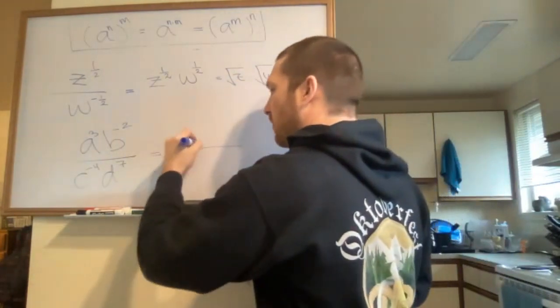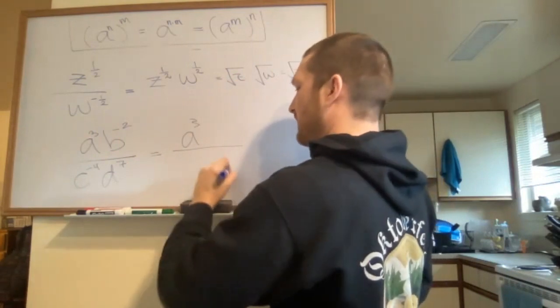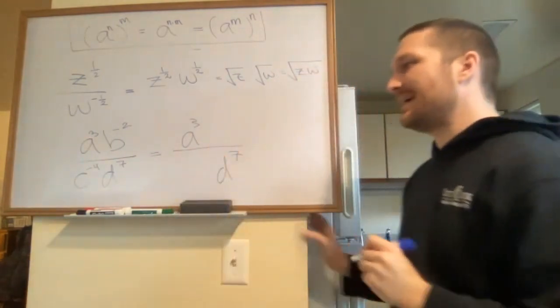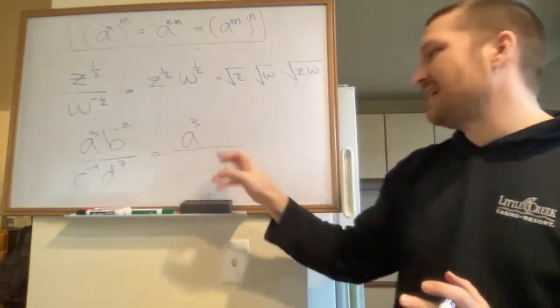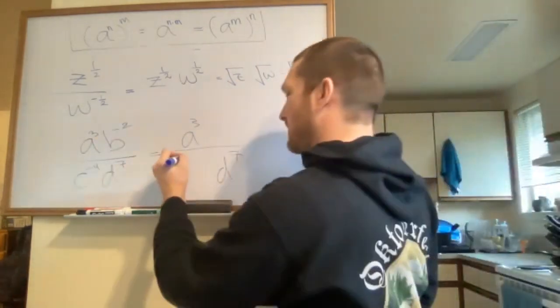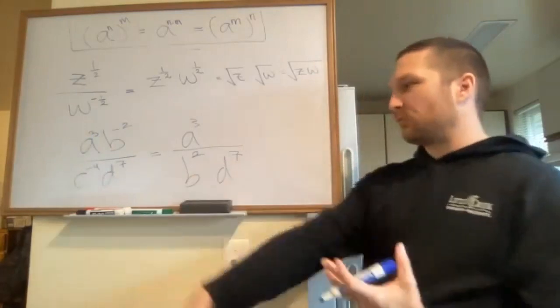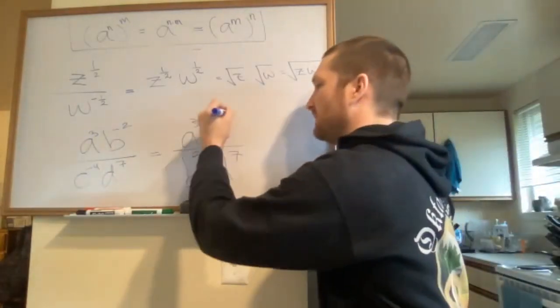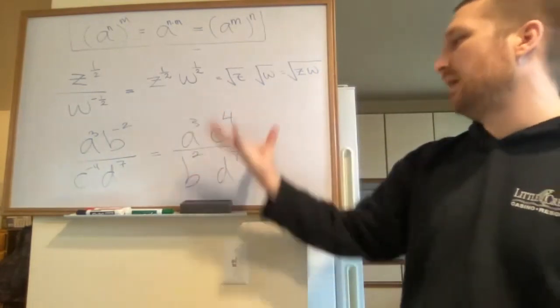Everybody who's already positive is going to stay put. The a to the third is not going to move. The d to the seventh is not going to move. But the negative means take me downstairs, in this case, make me positive. The negative down here means bring me upstairs, make me positive. Okay, cool. And now I'm in a realm that I could deal with.